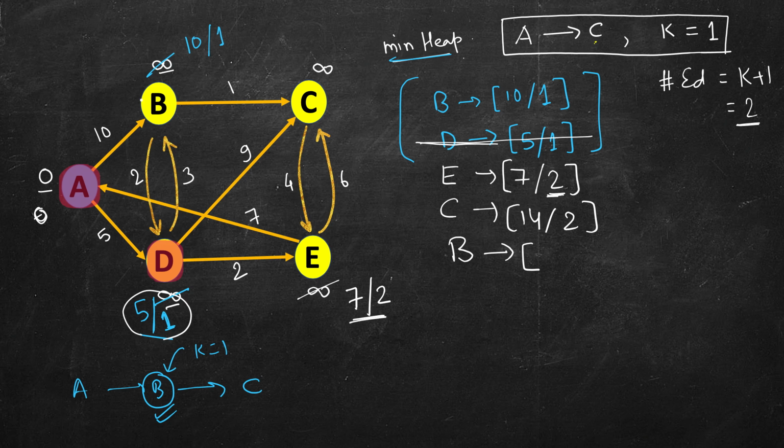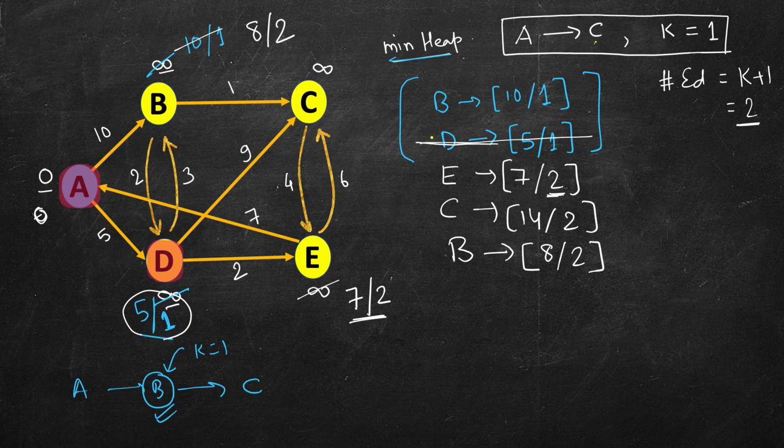So whatever is the shortest distance within that limit will be figured out. So B, here it's 8. So we update it. If it was more than 10, we would not have pushed it, but we got a path of 8. And it's well within this bound, that is 2 edges. So we put 8, 2. And there are no more edges, so we stop.